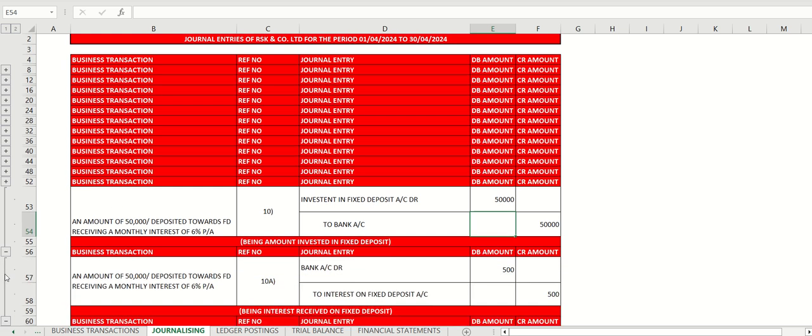Here I have done it already, I'll just show you. See, this 50,000 is my deposit. On 50,000, what percentage of interest is supposed to get generated? 6%. And what is the interest per month? Which is 1 by 12th. Thus 500 rupees is the interest getting generated out of this 50,000.